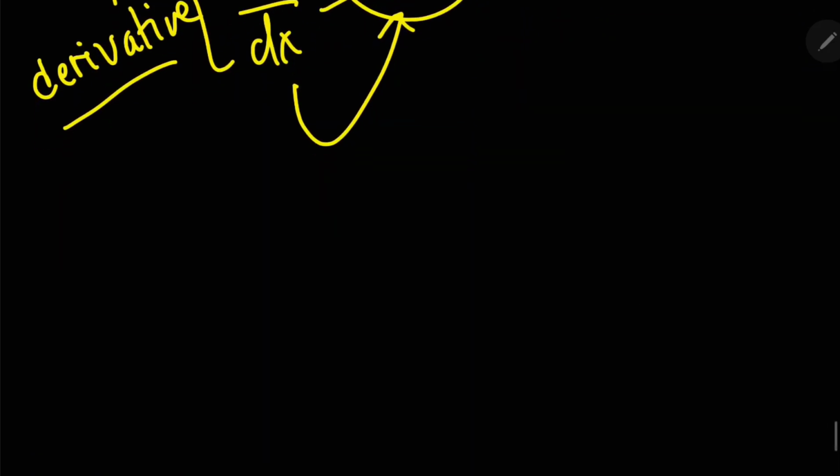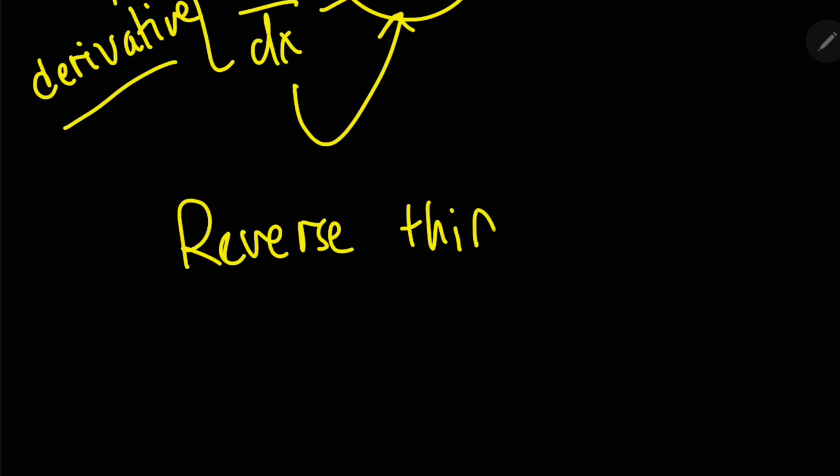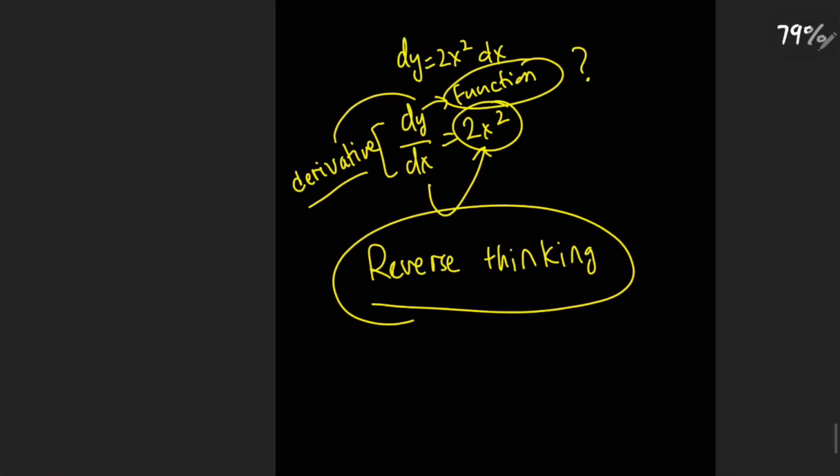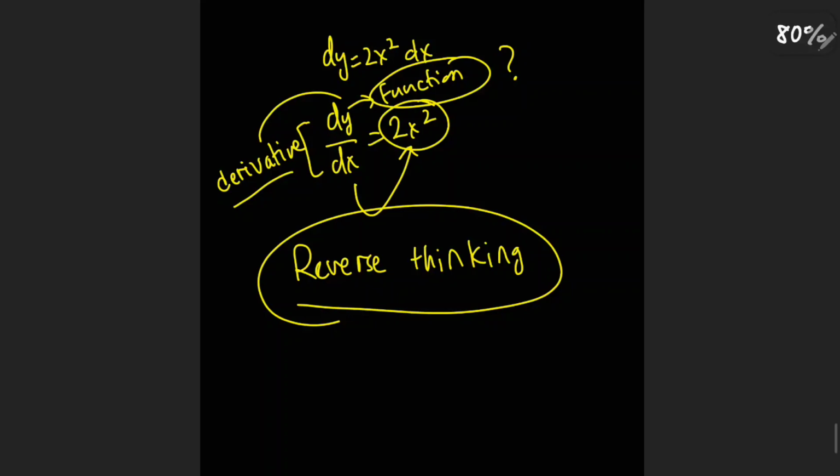This is called reverse thinking. Why do I say reverse thinking? Because now we know the derivative of the function, but we don't know what that function is. So we want to find that function. We want to go back. That's why we do reverse thinking.